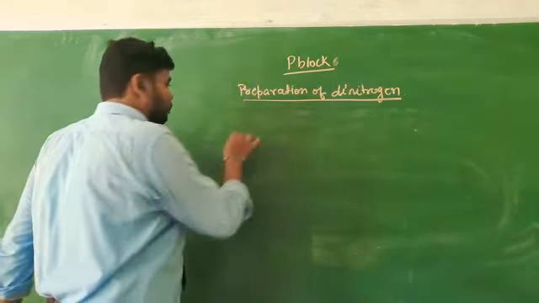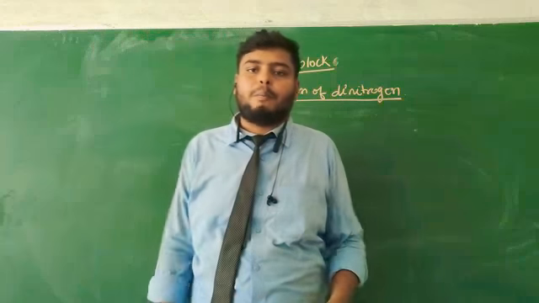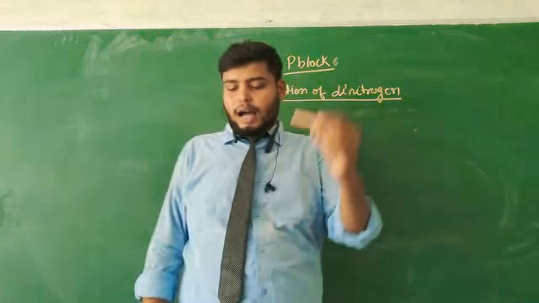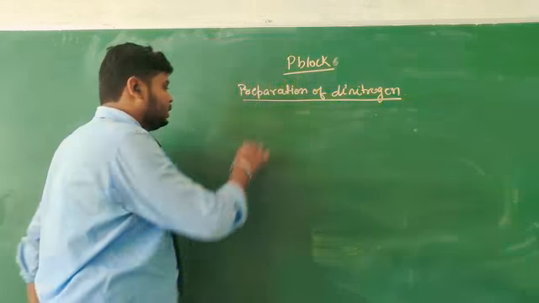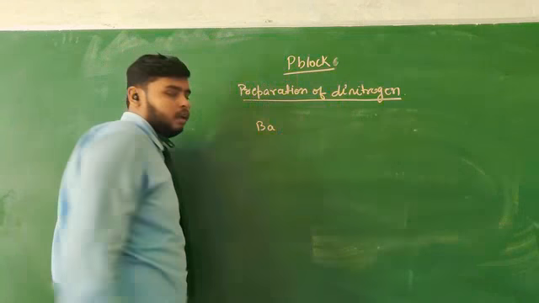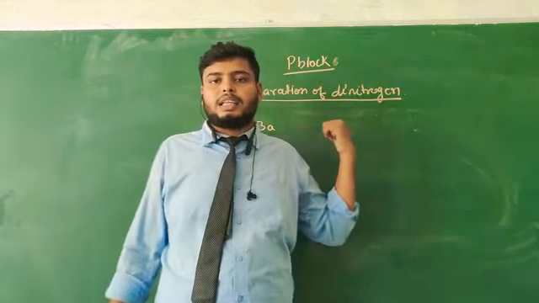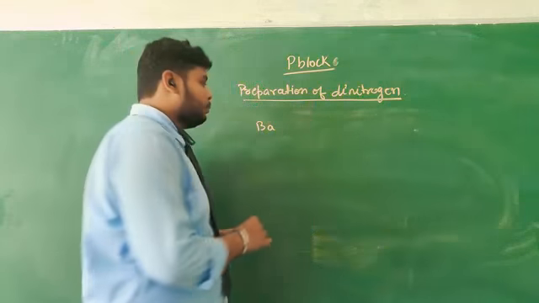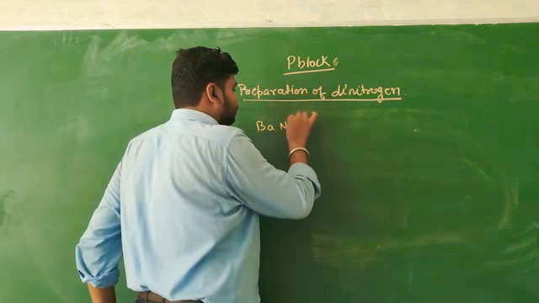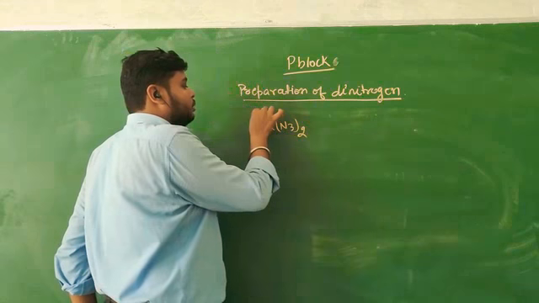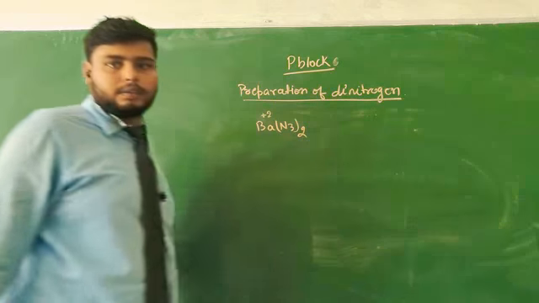It is barium azide. Barium azide is a compound. This is Ba, which means barium, combined with N3 in a ratio of 2, because barium has 2 charges.